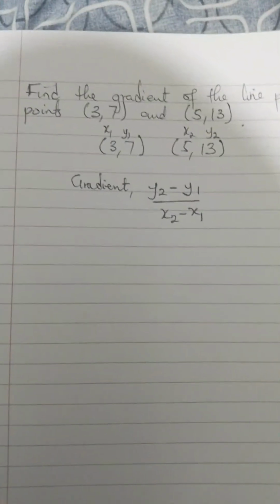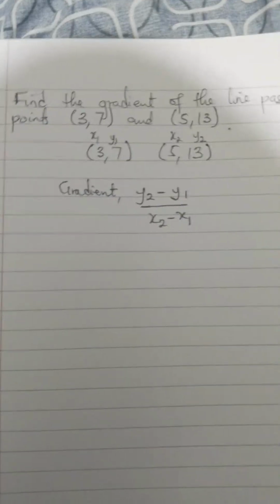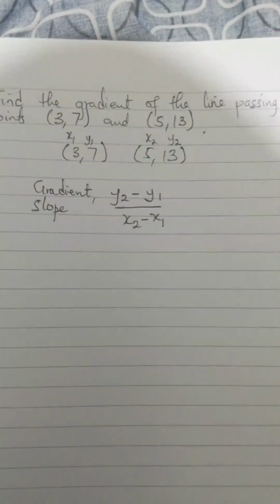So remember, gradient is the same as the slope. Gradient is the same as the slope of the line. So in case we are asked to find the slope, that is the formula.